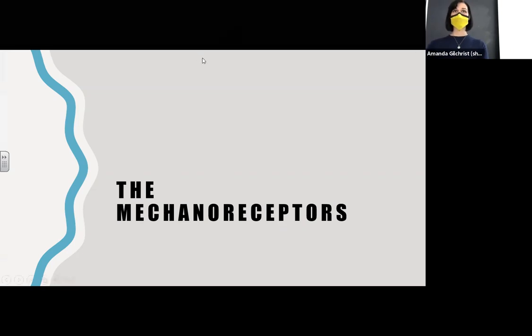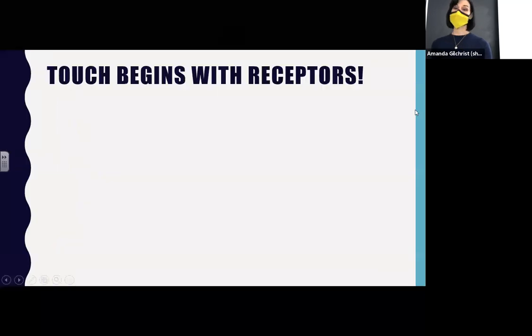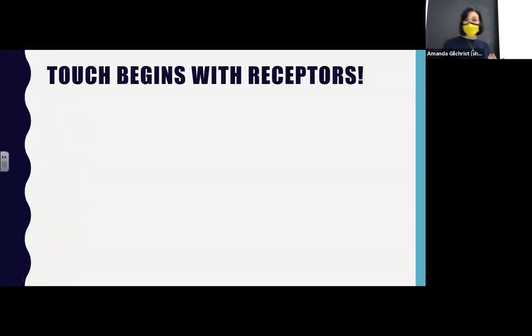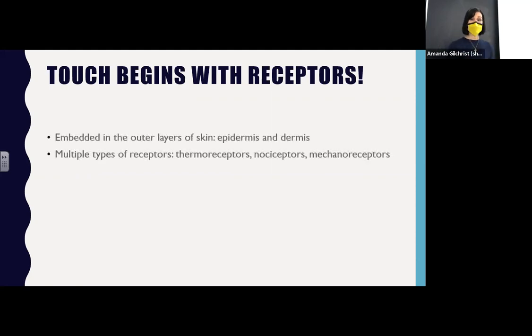Okay, so touch begins with our touch receptors that are embedded in our skin. In particular, they are embedded in the outer layers of our skin, the epidermis and the dermis just below that. Now, within our skin, we have several different types of receptors.